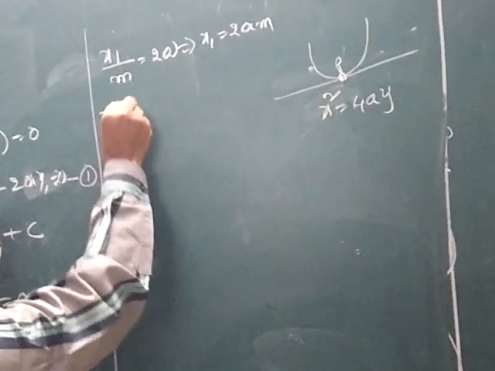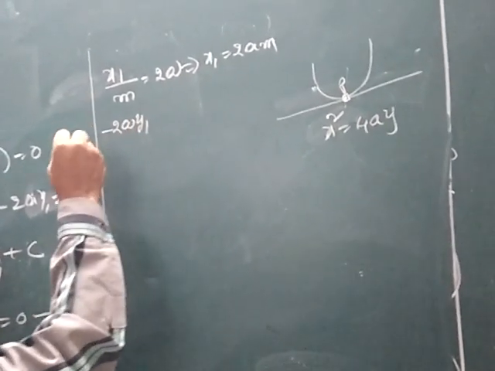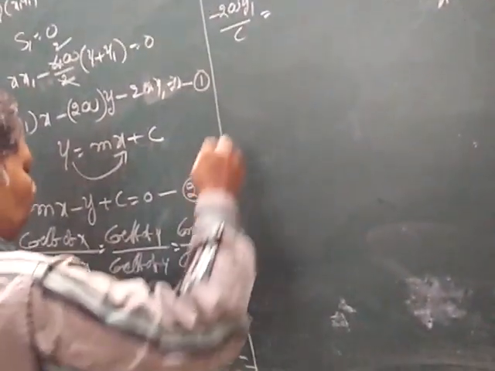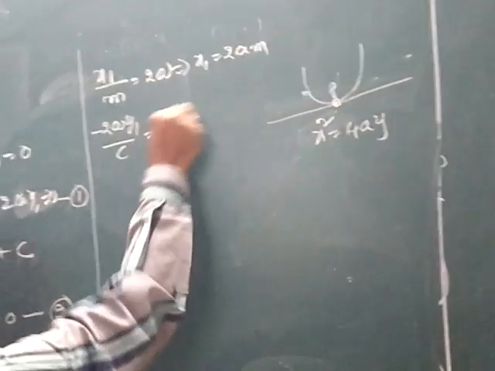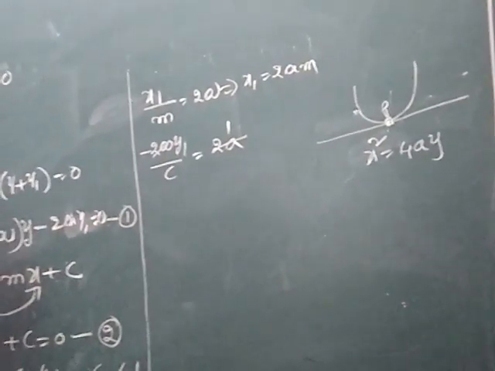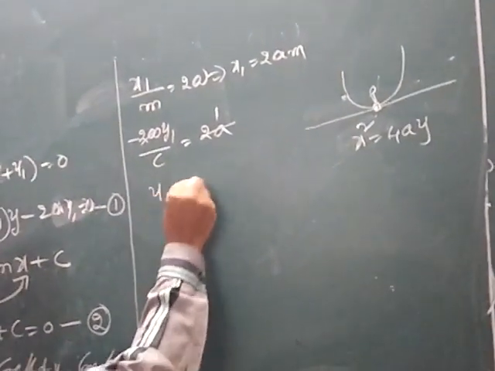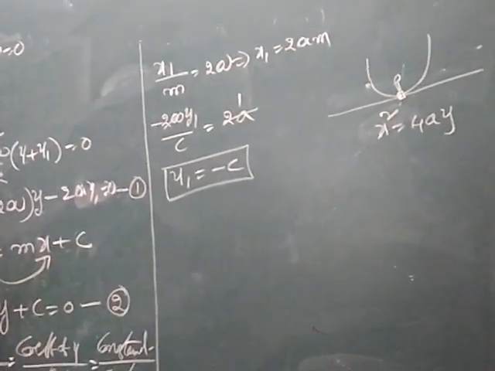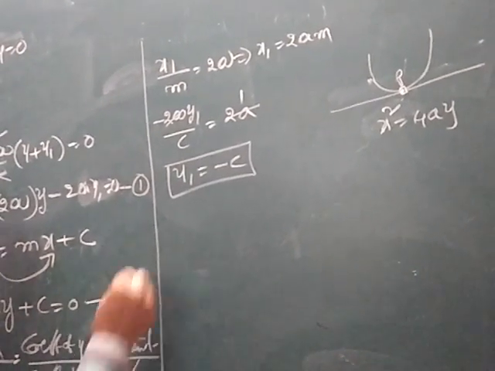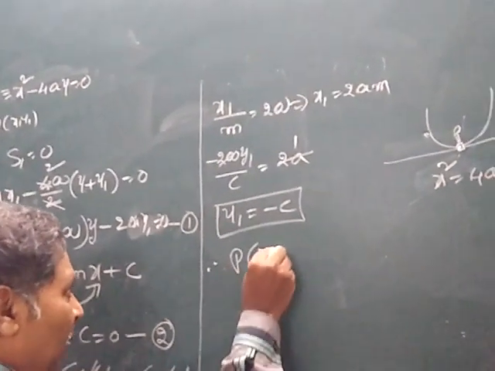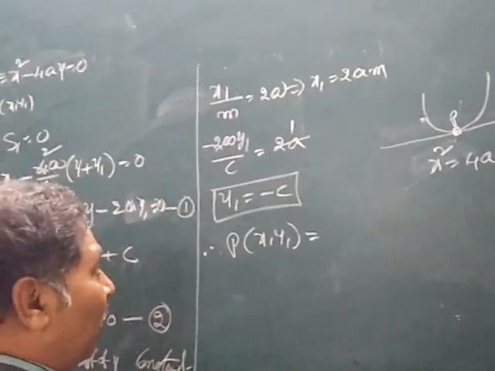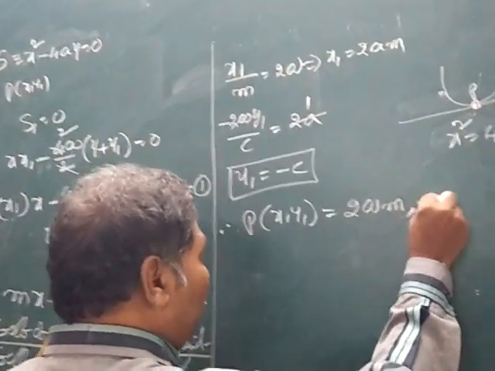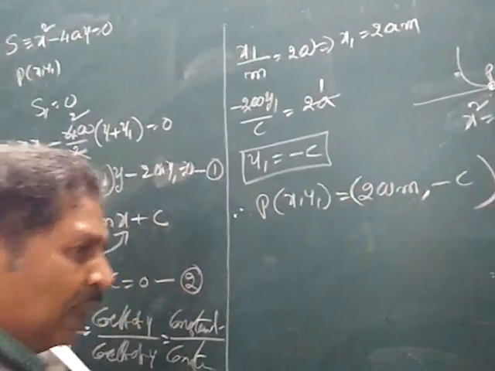Minus 2a y1 by c equal to minus 2a. 2a cancel. y1 equal to minus c. Therefore, P x1 y1 is 2am comma minus c.